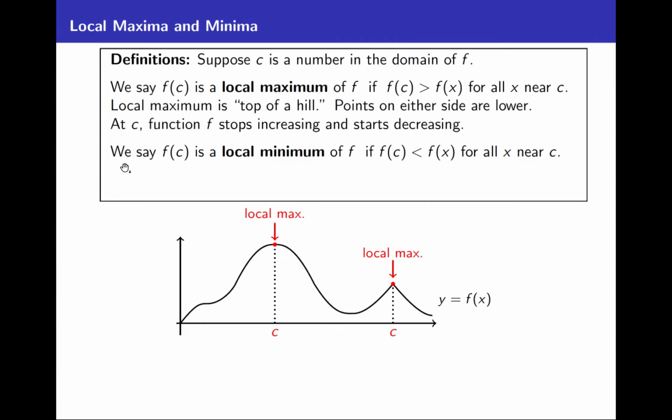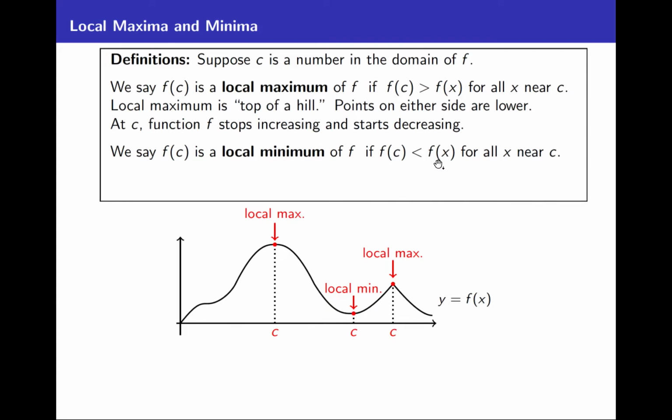There's a companion definition. We say that f of c is a local minimum of f if f of c is less than f of x for all x that are near c. So a picture of a local minimum would be right here at this value of c. If you look at f of c, it's that y value. If you took an x that's nearby c, f of x is a little greater than f of c.